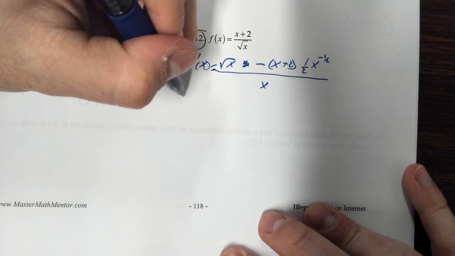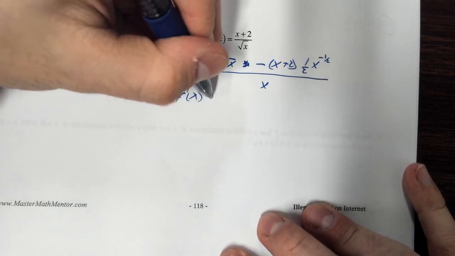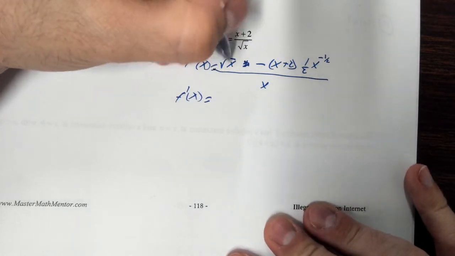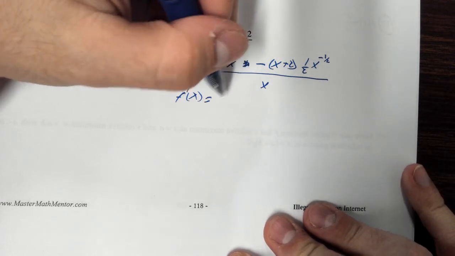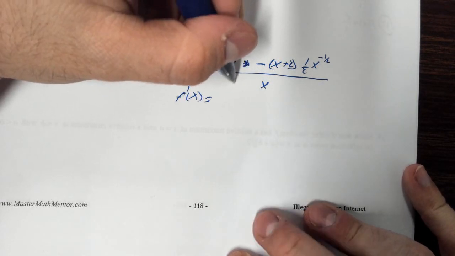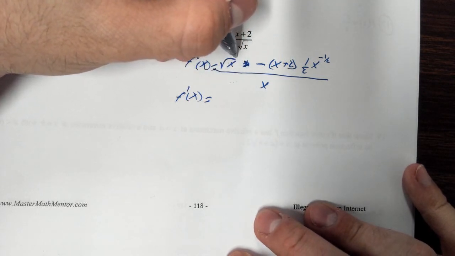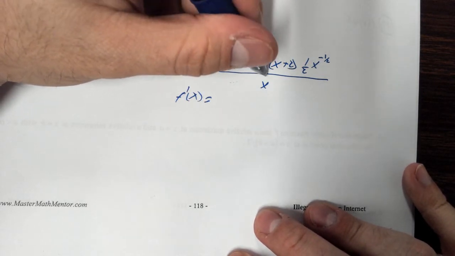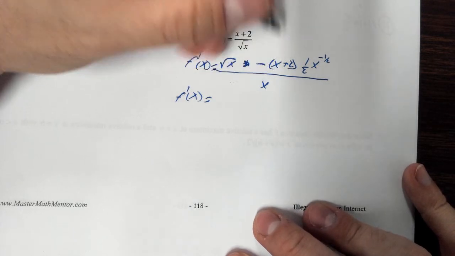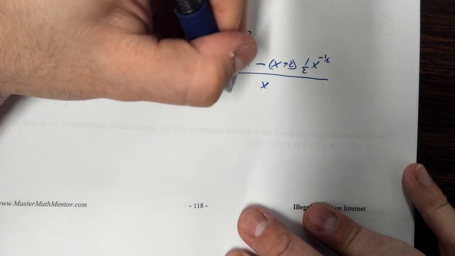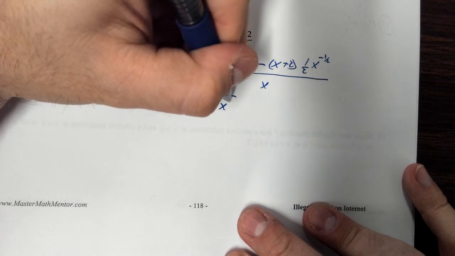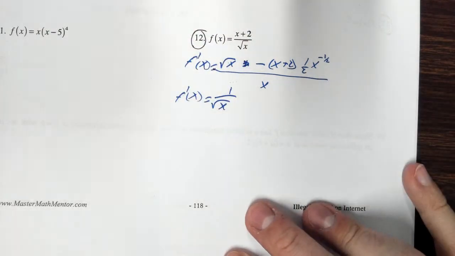Now to simplify this, before taking the second derivative, this is x to the 1/2 over x. And when you have exponential terms divided, the exponents subtract. And 1/2 minus 1 is a negative 1/2. So over here we just end up with 1 over square root of x.